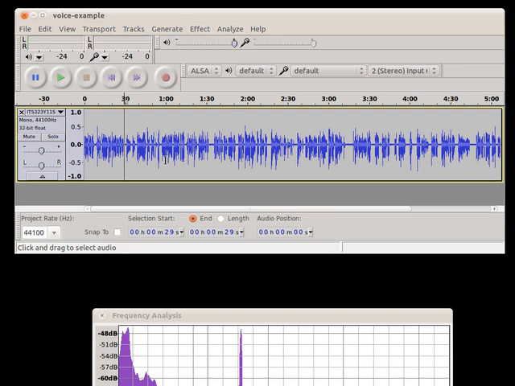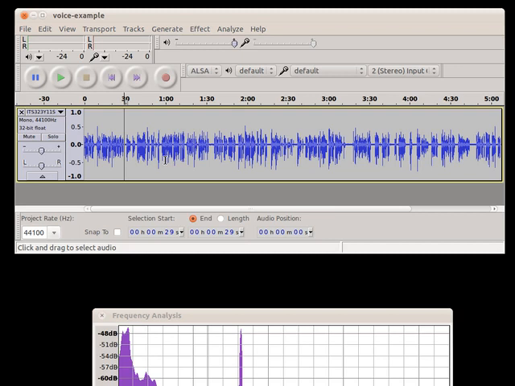How big is the file if we want to save this? It's 5 minutes, or a little bit longer than 5 minutes. 5 minutes is 300 seconds. So I want to save 300 seconds of voice, sampled at 44.1 kilohertz, with 16-bit encoding. How many bits do I need? Well, 44,100 hertz means 44,100 samples per second.